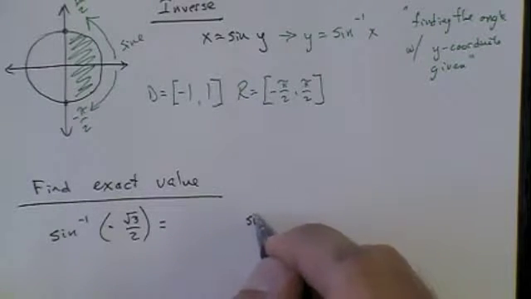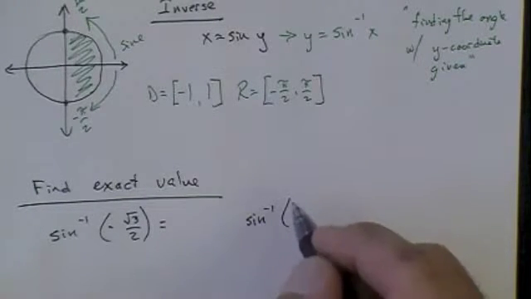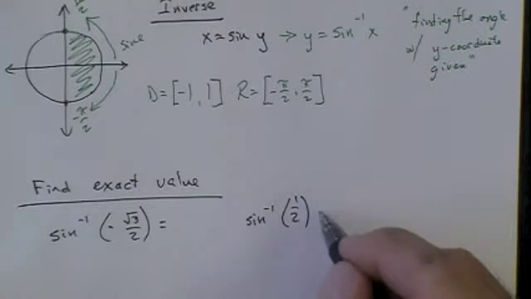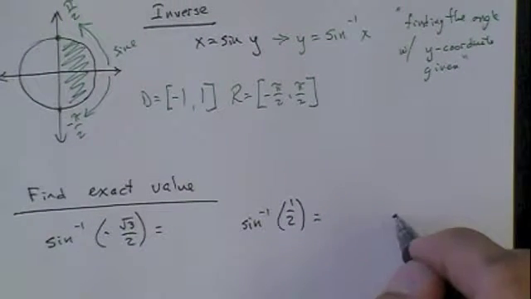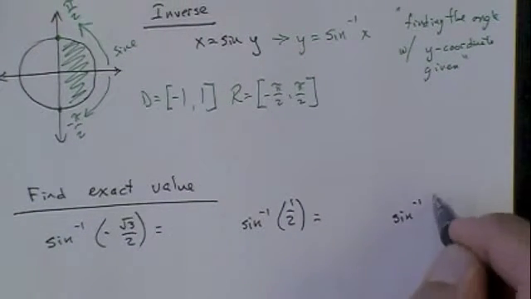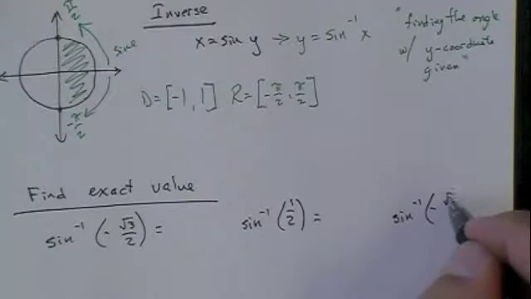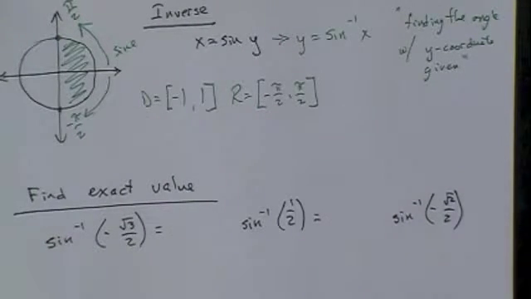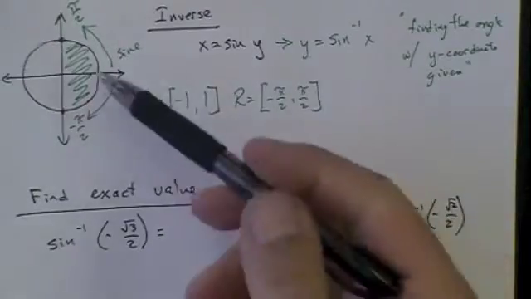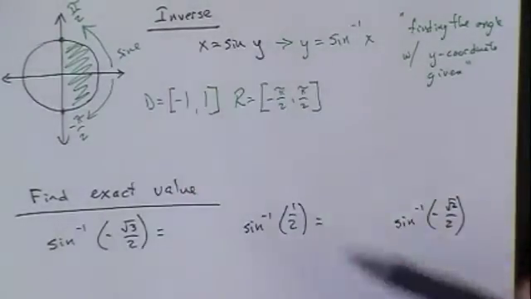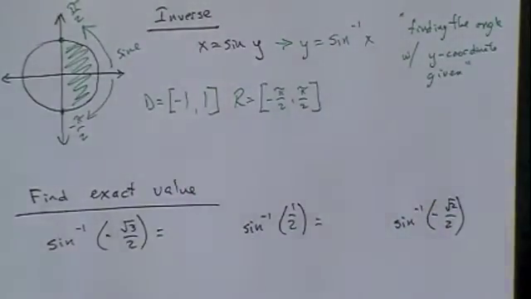Or the inverse sine of 1/2? Or the inverse sine of negative square root of 2 over 2? Where on your unit circle, and remember what we've restricted it to, where would we find those values? You should pause the video and find that.